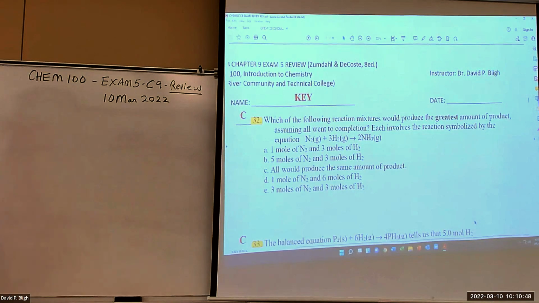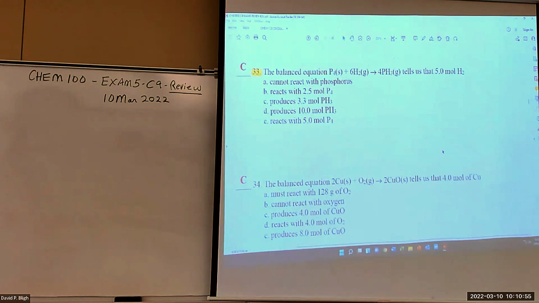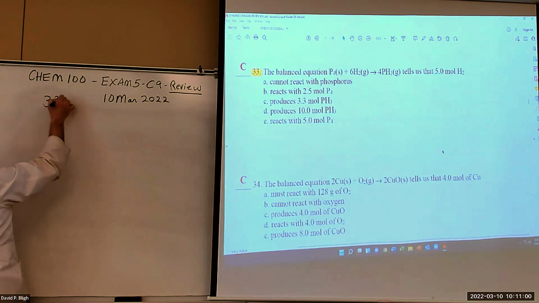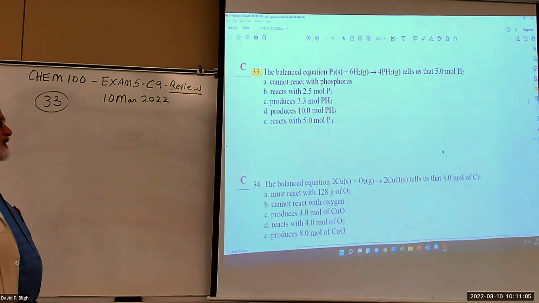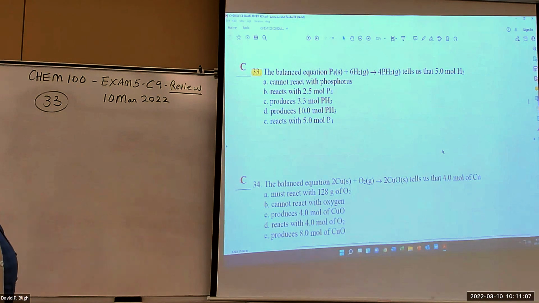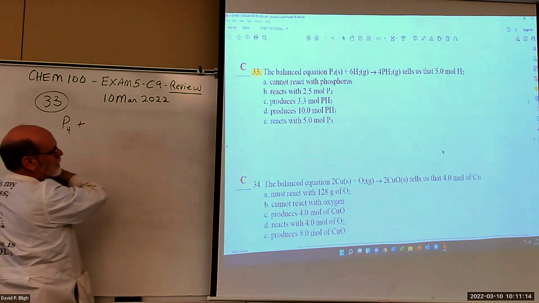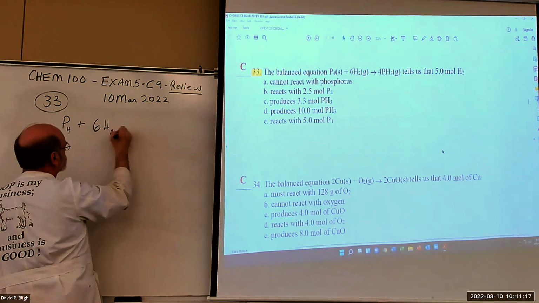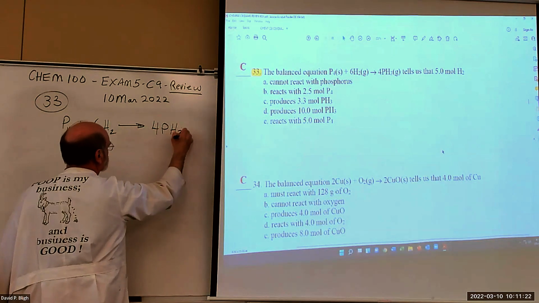All right, let me scroll 33 up there. Balanced equation. P4 plus 6 hydrogen yields 4 PH3.